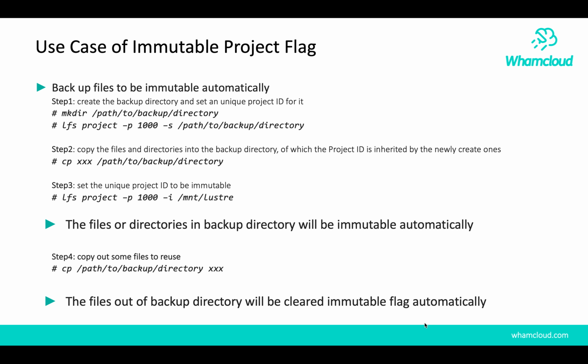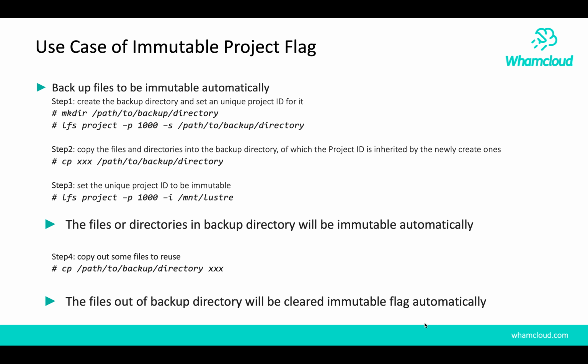Okay, this slide is just a little more detailed to show how to achieve the task mentioned in the above slide. Step one, create the main backup directory and set the backup project ID and project inherit flag on it.